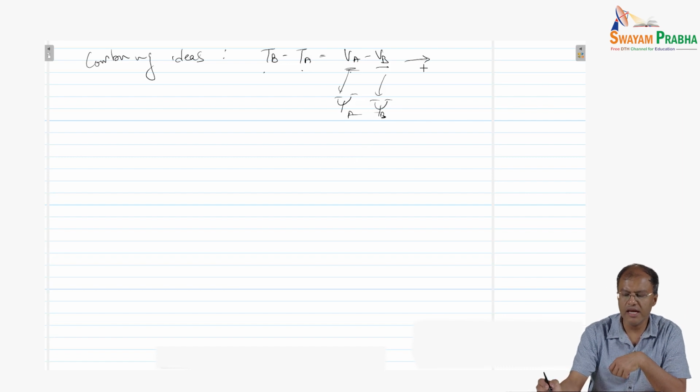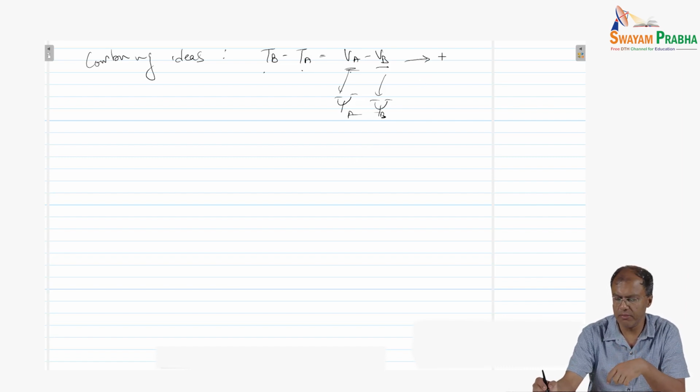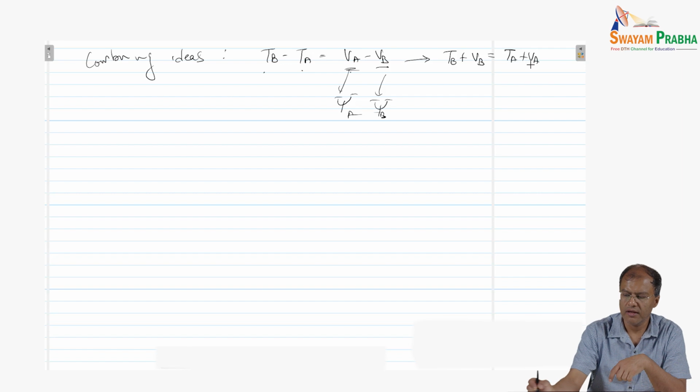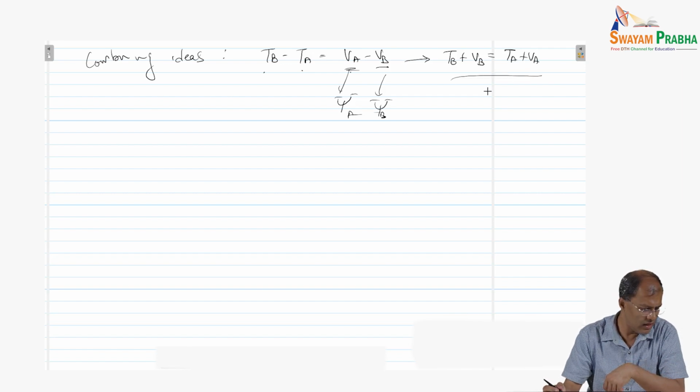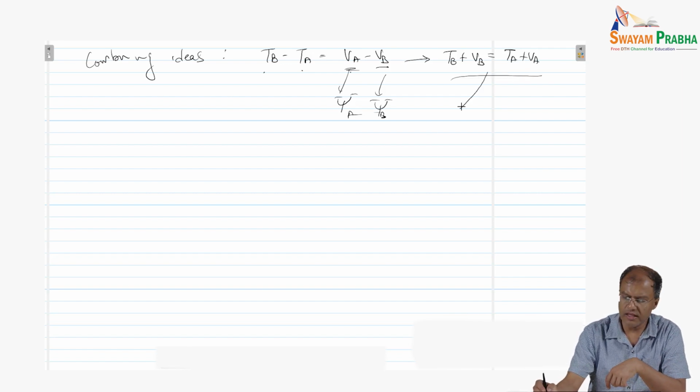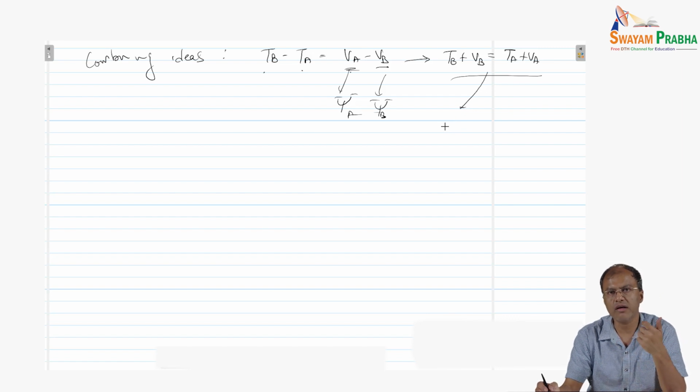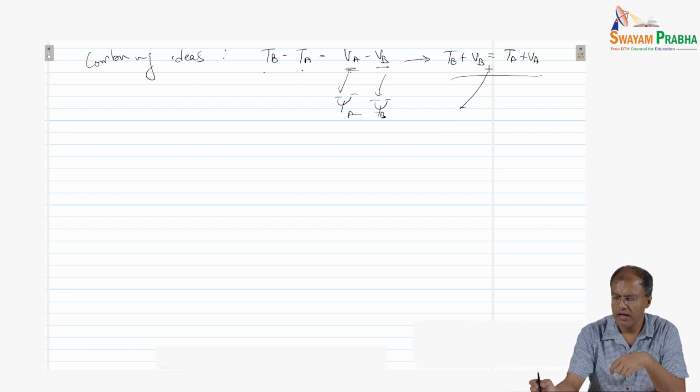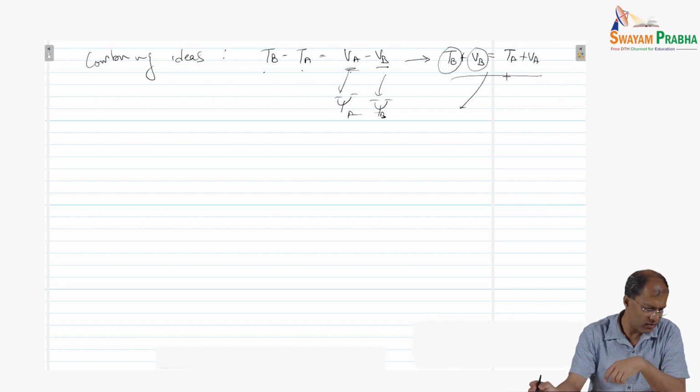So we can rewrite this statement as TB plus VB is equal to TA plus VA, right? And this is the statement of the conservation of energy. So the total kinetic energy plus the potential energy at any given configuration will be fixed, or conserved.